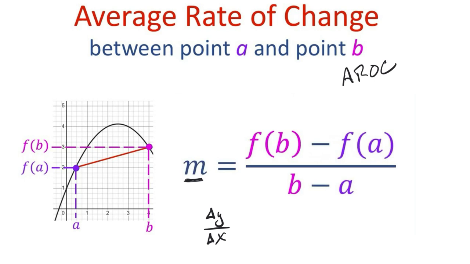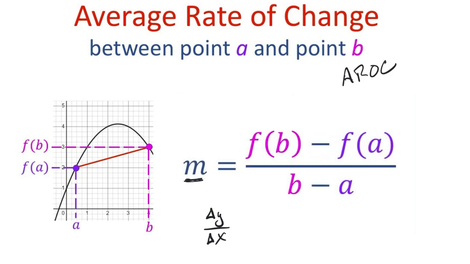So you'll see up here, instead of y, we have the function f, and our input is b. Remember, our input is our x value. So down here, our x value is b, and we put it in, that would be our y value. So this is really y2 minus y1 over x2 minus x1. It looks fancier, and that's how we will write it from here on out.